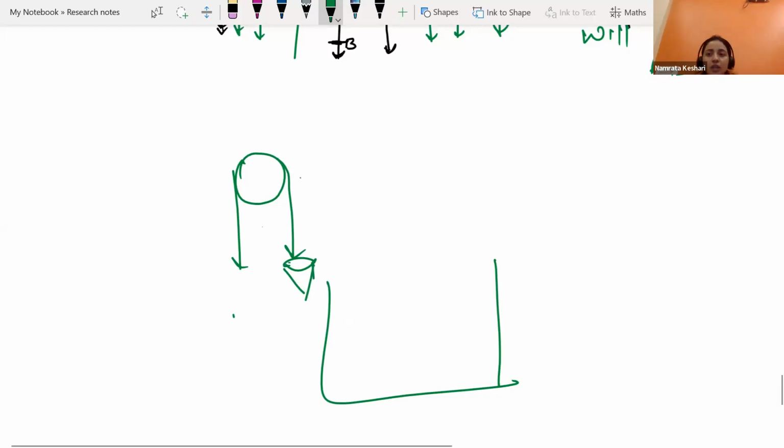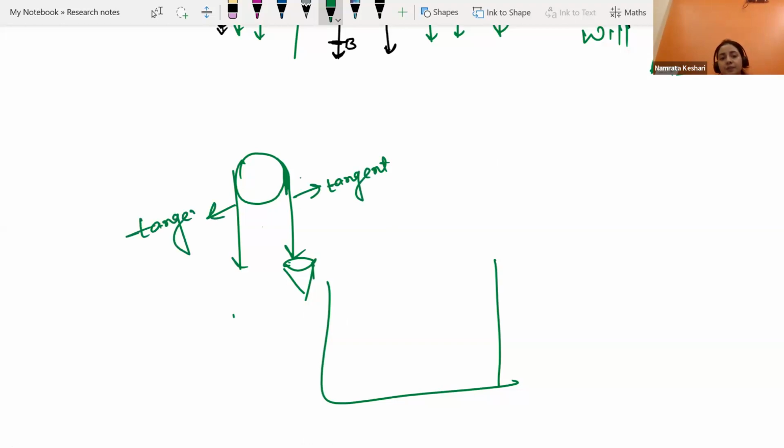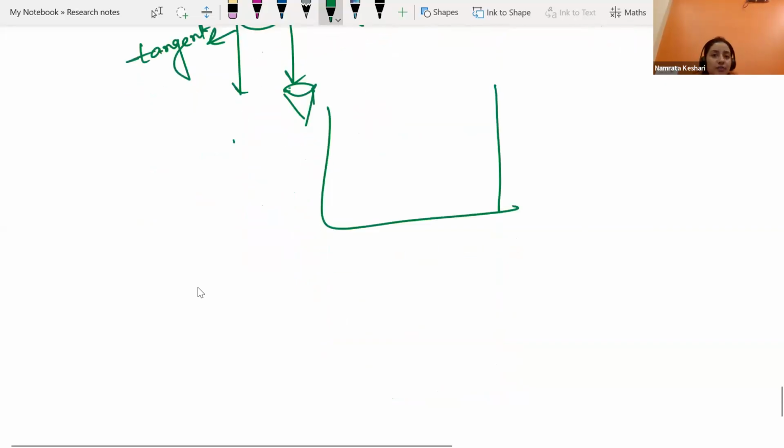Have you seen this type of pulley which can be used for pulling water? Does it look like a tangent line? This line is also a tangent, and this line is also a tangent. Yes, these are the tangents which we can see in our real life also.